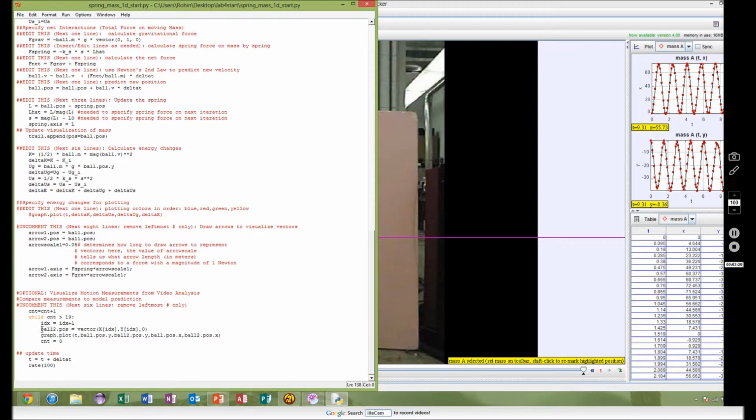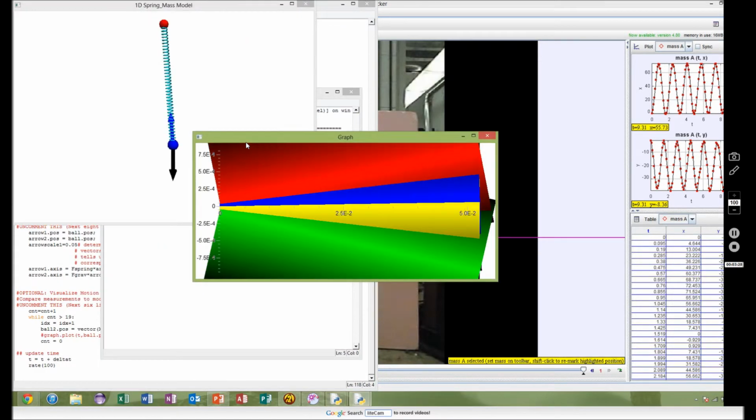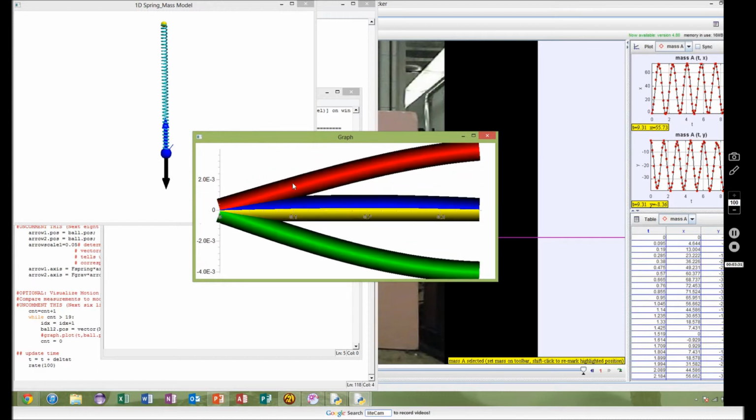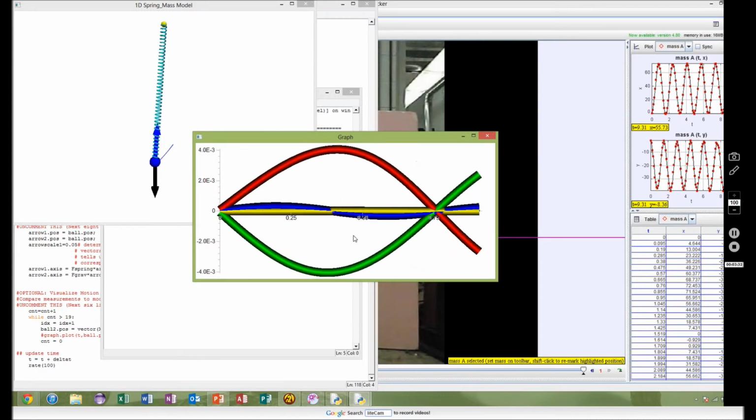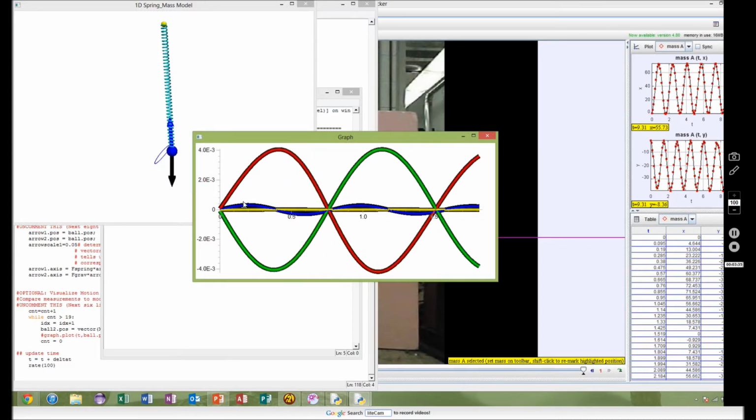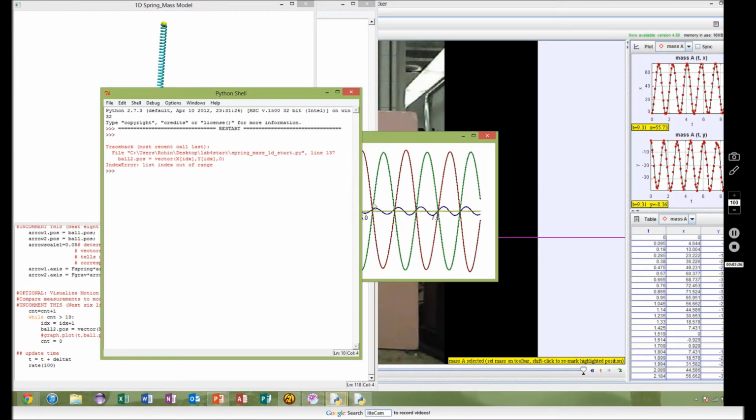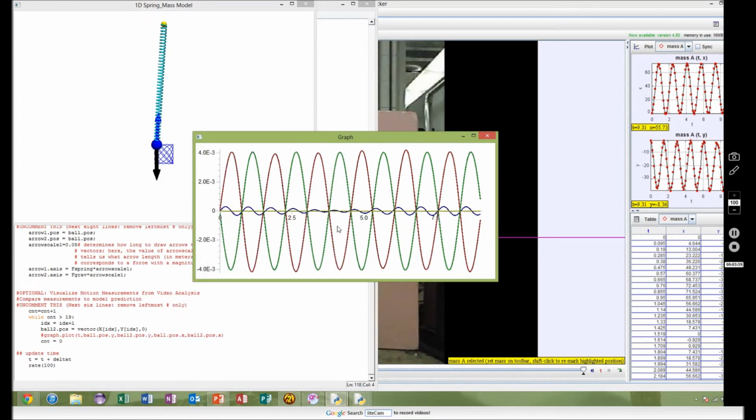And now we have a graph of the energies over time. We can see the spring energy and the potential energy over time, as well as our kinetic energy. And when they all add up, they follow this virtually straight yellow line, which is a constant, which is an illustration of our energy principle.